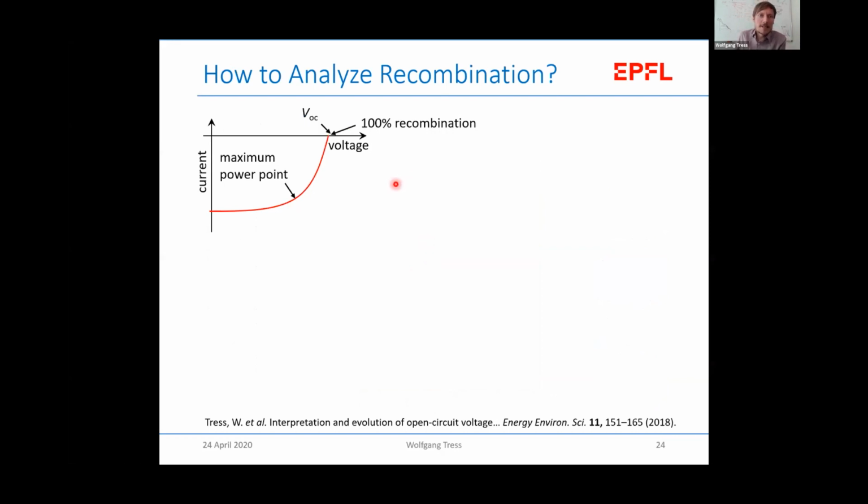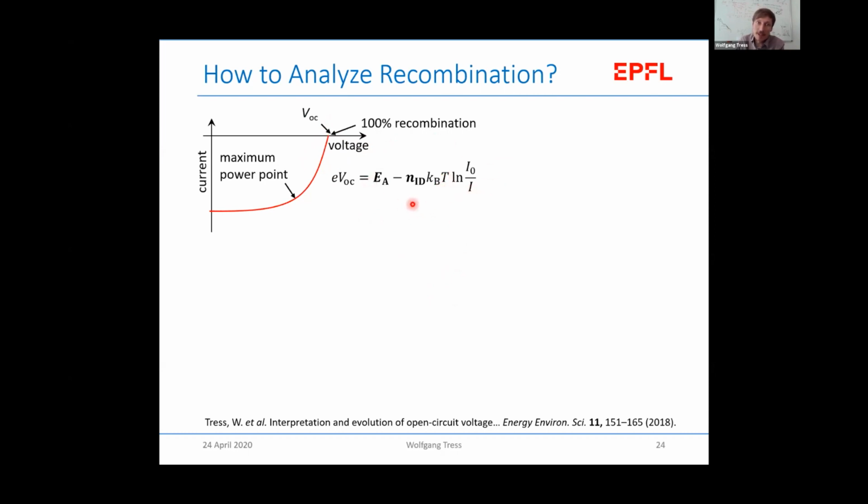I want to come back to this JV curve again and ask the question how we can maybe better analyze this recombination. And there is one way, and this is trying to look, for example, at this open circuit voltage in more detail and investigate it temperature dependent and versus light intensity.